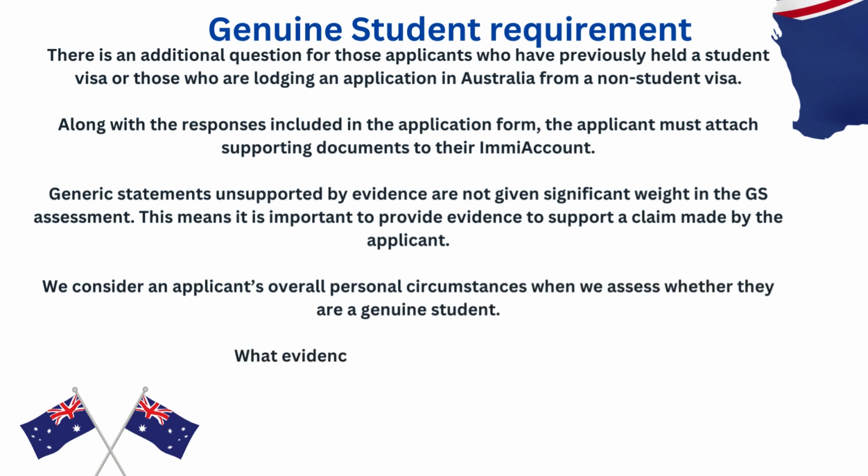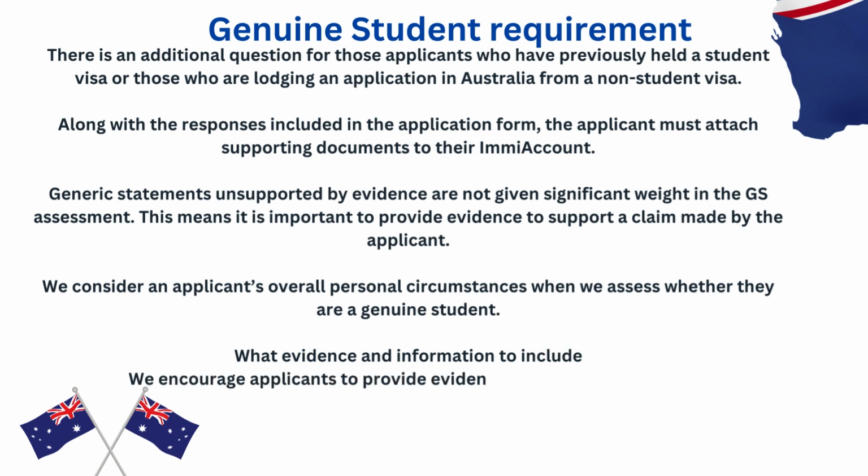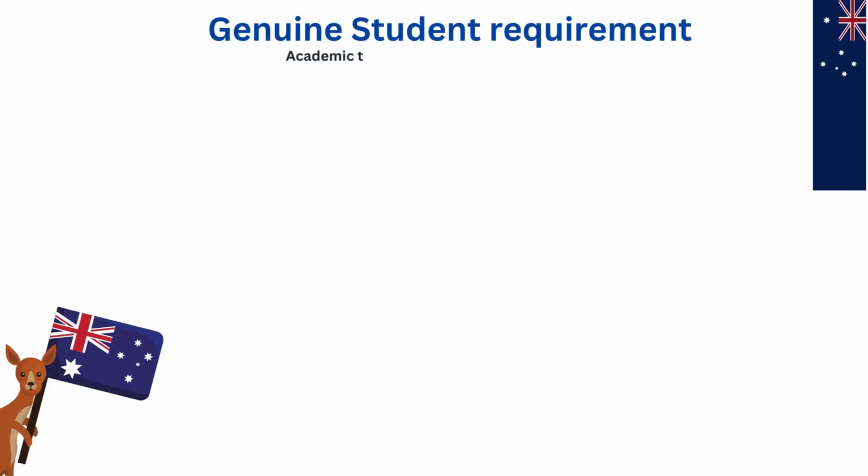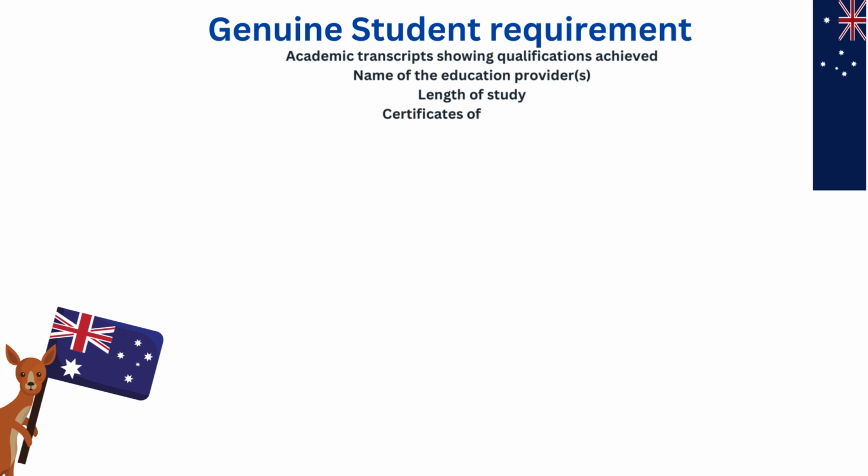What evidence and information to include? We encourage applicants to provide evidence or information about previous study. This includes academic transcripts showing qualifications achieved, name of the education providers, length of study, certificates of attainment, previous study in Australia.